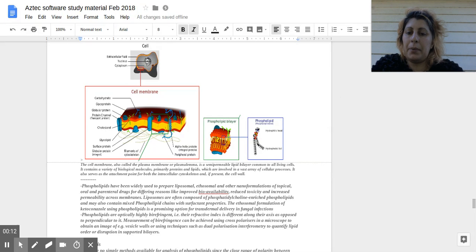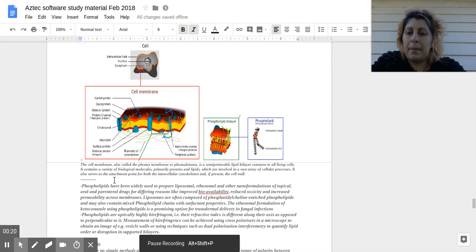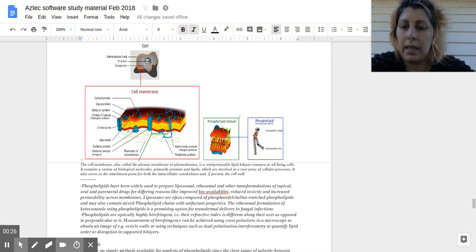So, the cell membrane, which is also called the plasma membrane or plasma, is the semi-permeable lipid bilayer common to all living cells. It contains a variety of biological molecules we mentioned before.